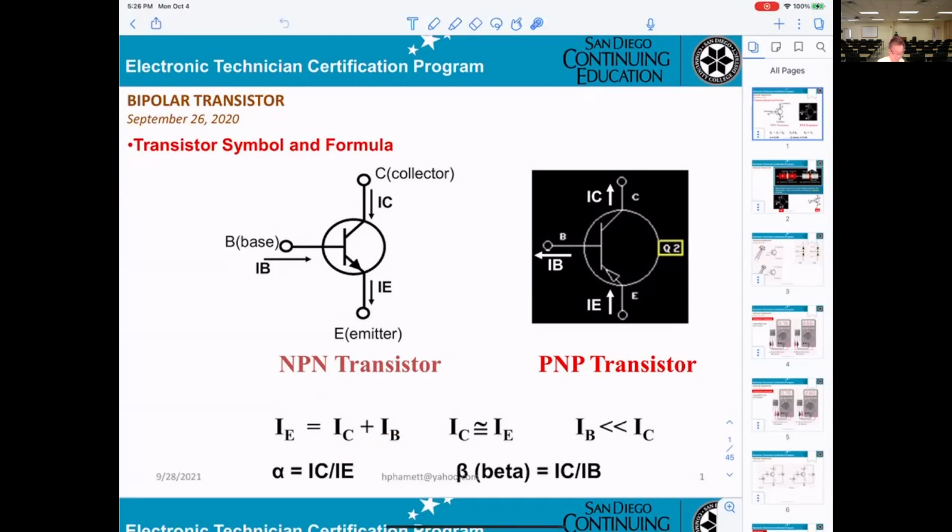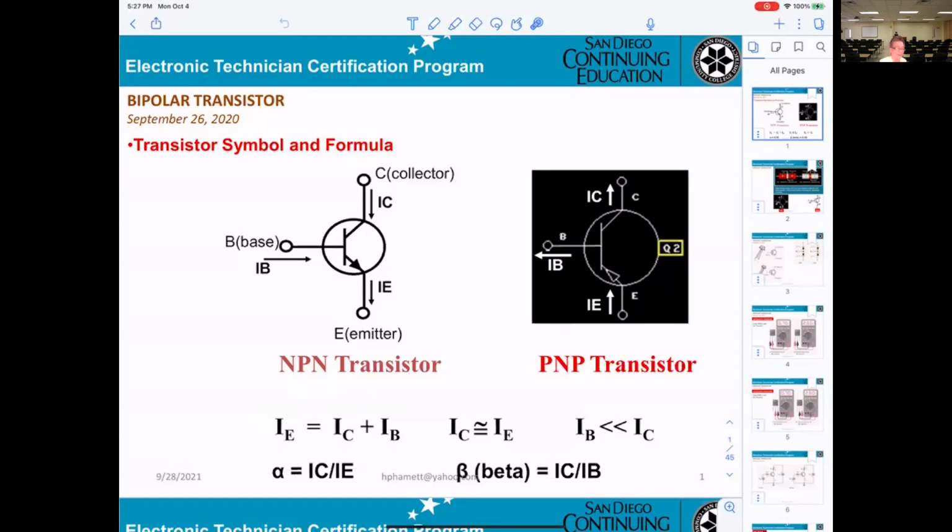Okay. And now, IC and IE are almost equal, which only tells you they don't care much about the base current IB, because the base current is too small. And the formula applies to both NPN and PNP.